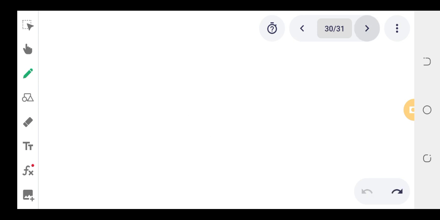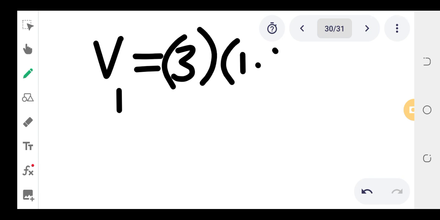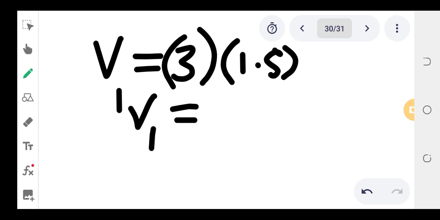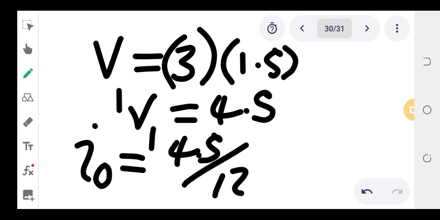So my V1 is 3 times my value of V2, which is 1.5. So V1 is equal to 1.5 times 3, I get 4.5. So my IO is equal to 4.5 divided by 12.